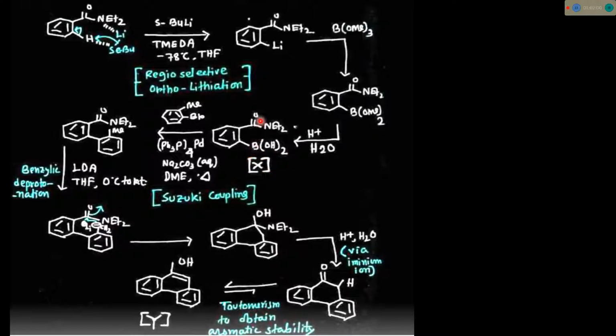Now see this B(OH)2. If we use ortho-methyl bromobenzene, you can assume this is an RX, where X means halogen, with palladium, PPh3, sodium carbonate, this is the Suzuki coupling reaction. If there is B(OH)2 and an RX moiety in presence of a palladium catalyst, then Suzuki coupling will happen.